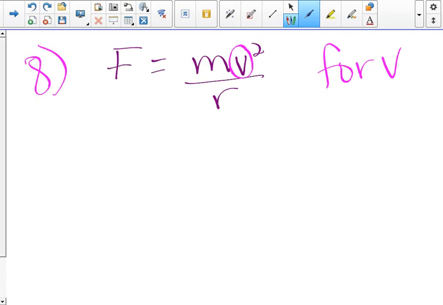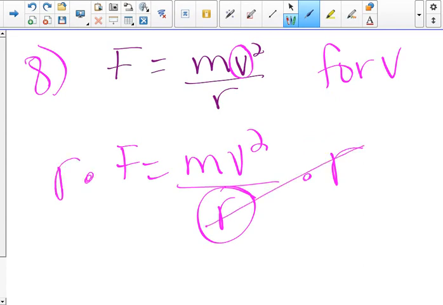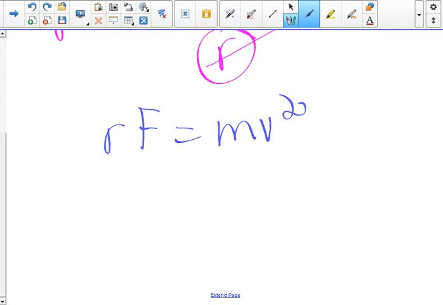So let's start solving. So we've got F equal mv squared over r. So the first thing we need to get rid of is this r. So I'm going to multiply each side times an r. And that cancels out. Next step, I'll do in blue. So now I've got r times F equal mv squared. Now I'm still solving for v. So I've got to get rid of my m.